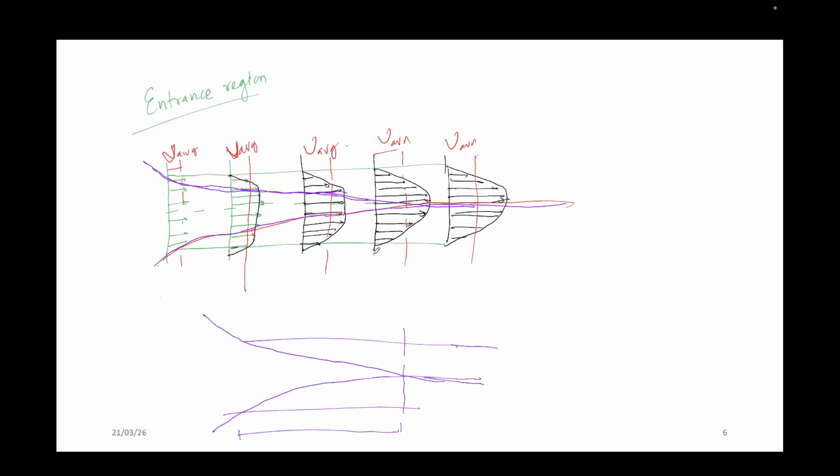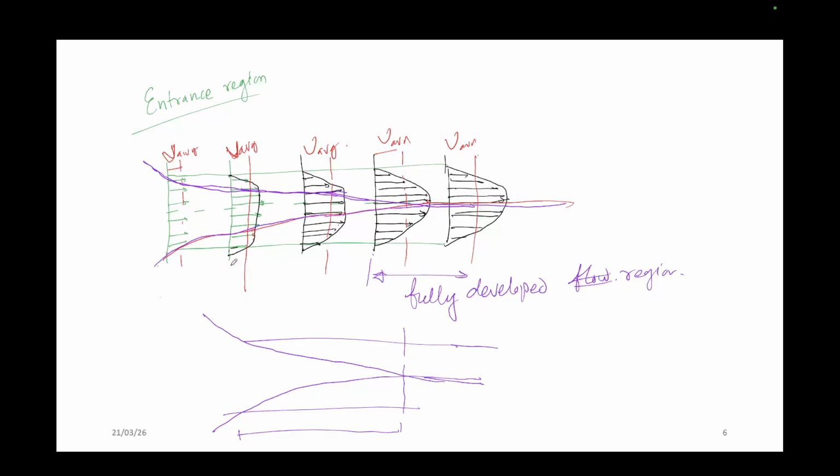Okay, so the region from where you observe the fully developed or parabolic profile is known as the fully developed flow or region. I am talking about this region.